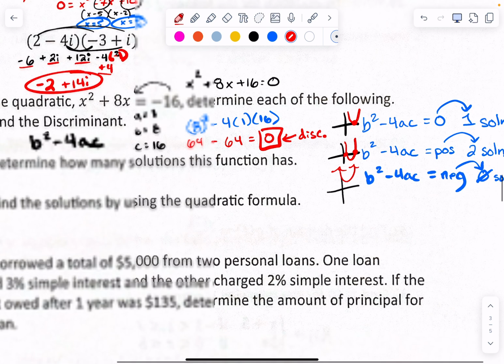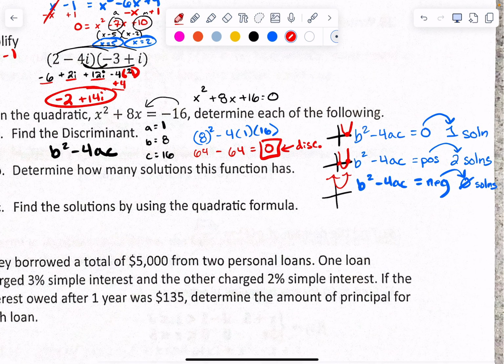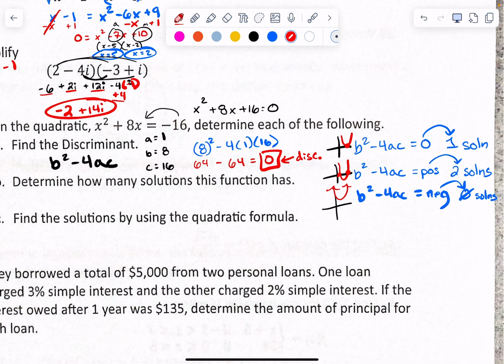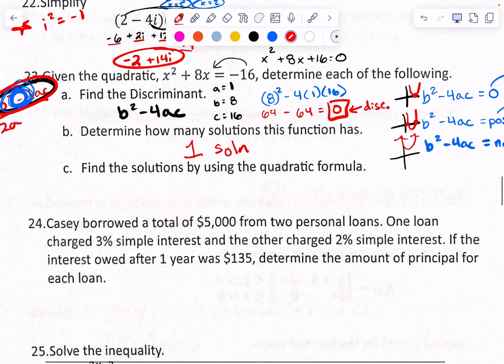Okay. Oh, by the way, part B: determine how many solutions the function has. So he has one solution. And let's find out what it is. So we just have to plug in.